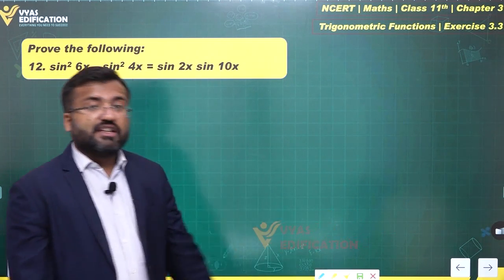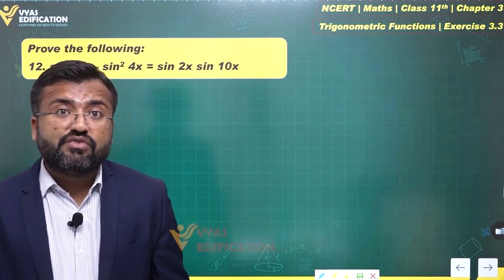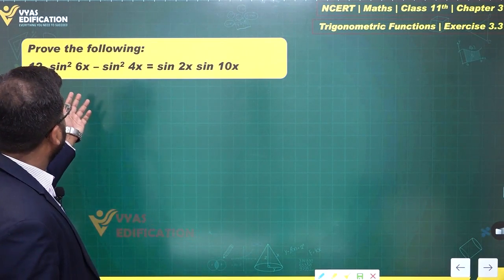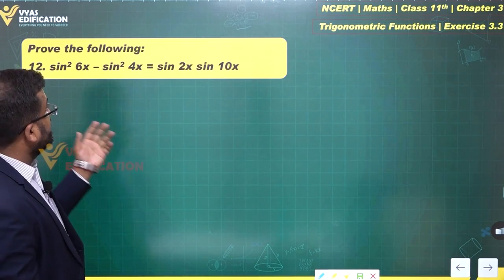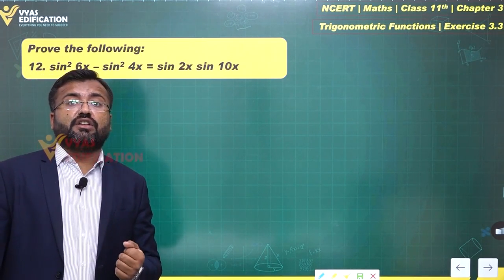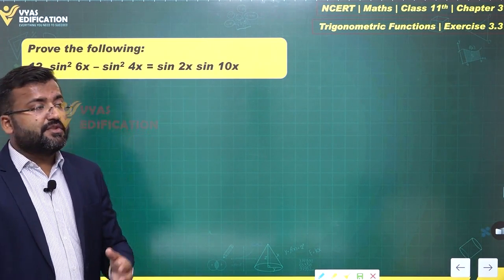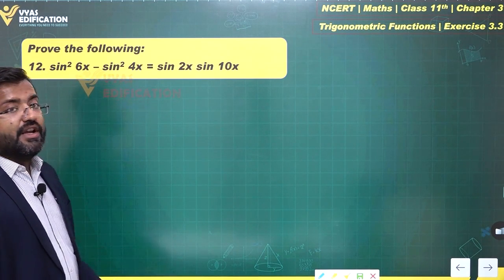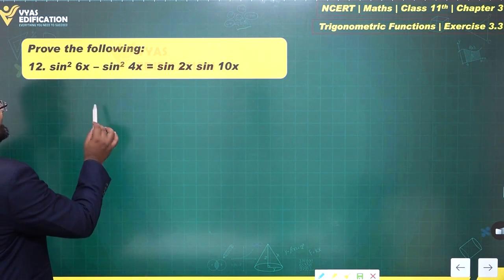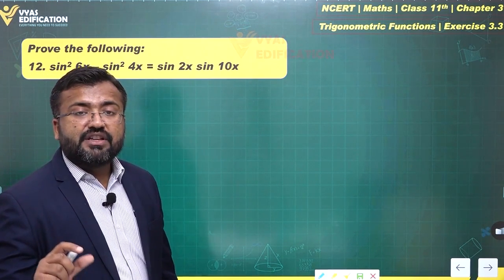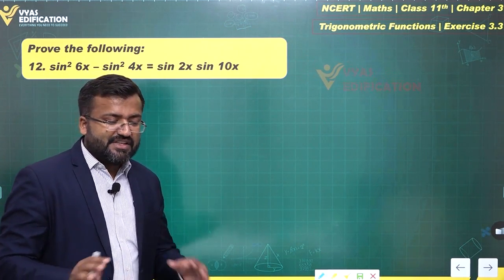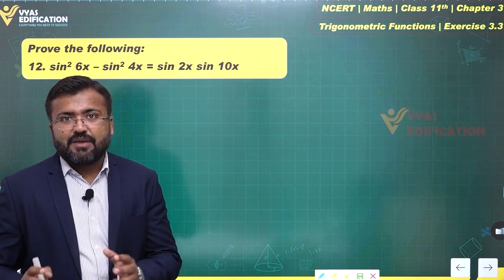But then, we should be able to solve it without using this. And how do we do that? That's also possible using simple concepts of transformation. What are the concepts of transformation? Let's take a look. Sine square 6x minus sine square 4x is actually written in the form a square minus b square. Can we simplify it as a plus b times a minus b?